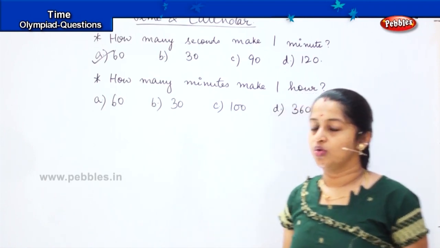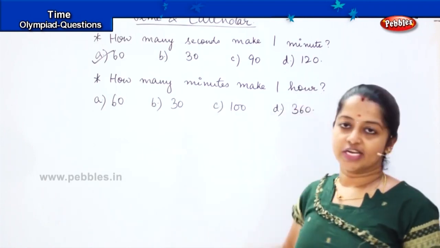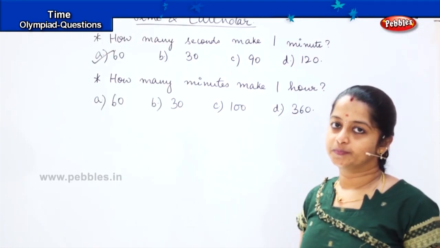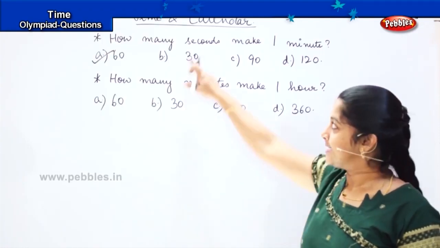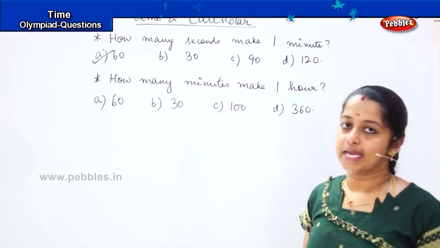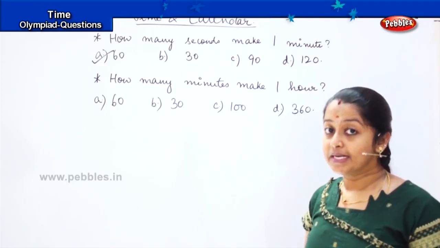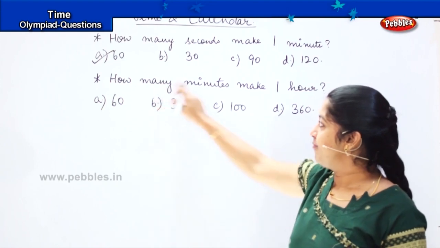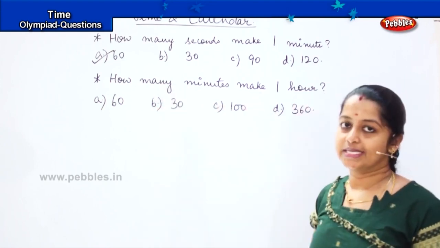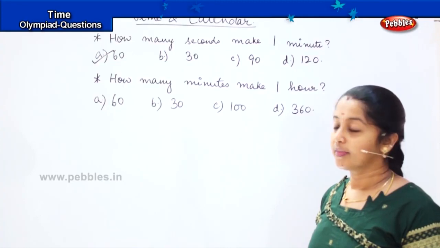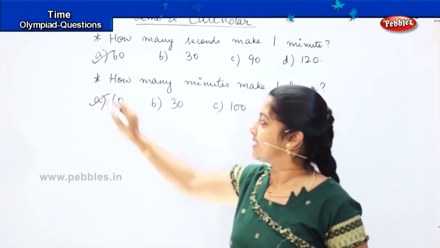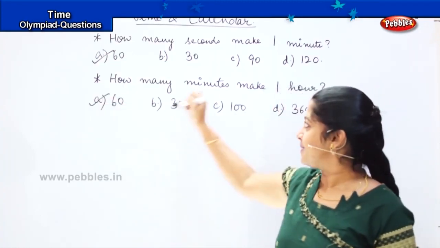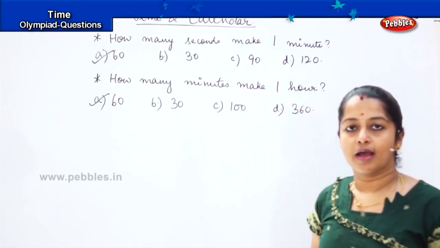So what was the thing which I told you earlier? Yes, 60 seconds make 1 minute and 60 minutes make 1 hour. And my question is asking, how many minutes make 1 hour? So what is the answer? Good, it is 60. So 60 minutes make 1 hour.